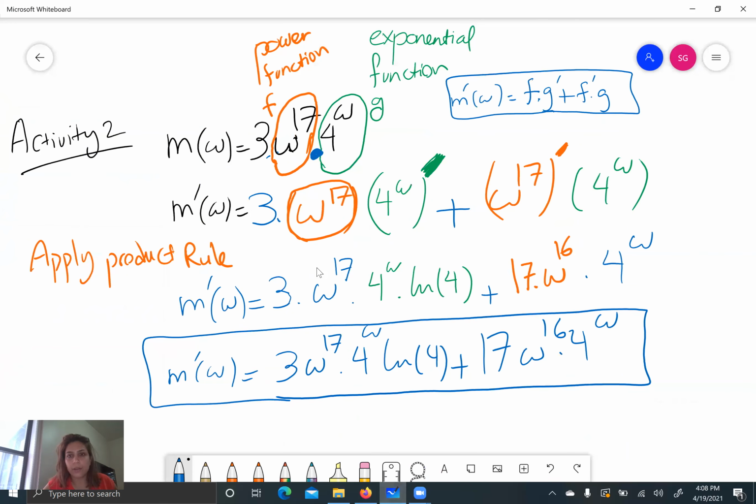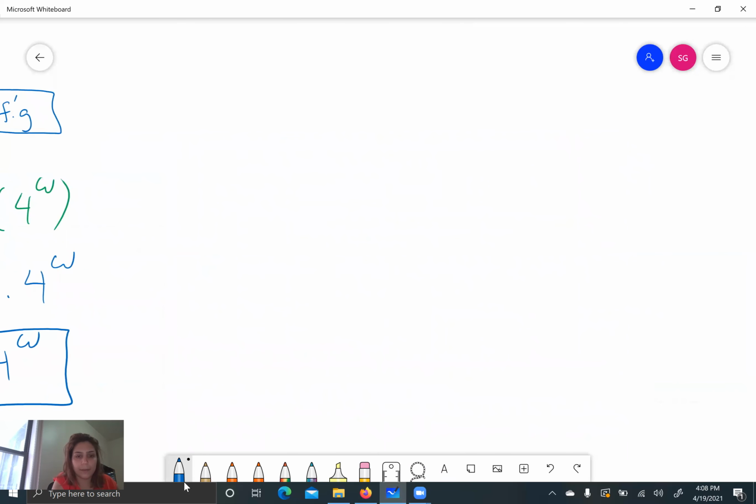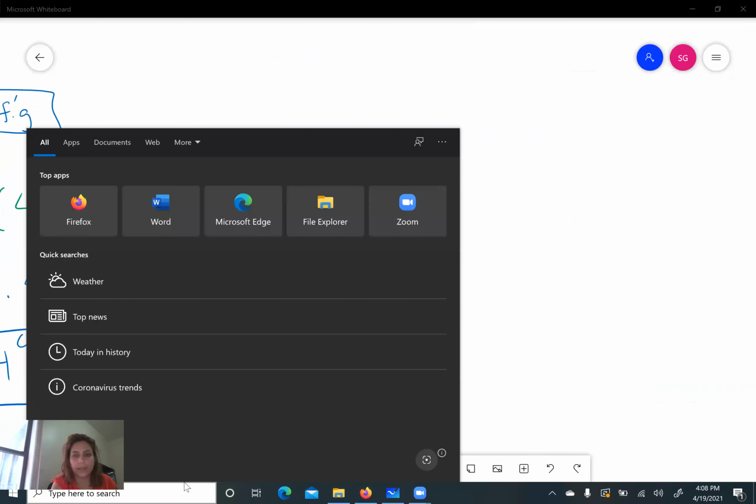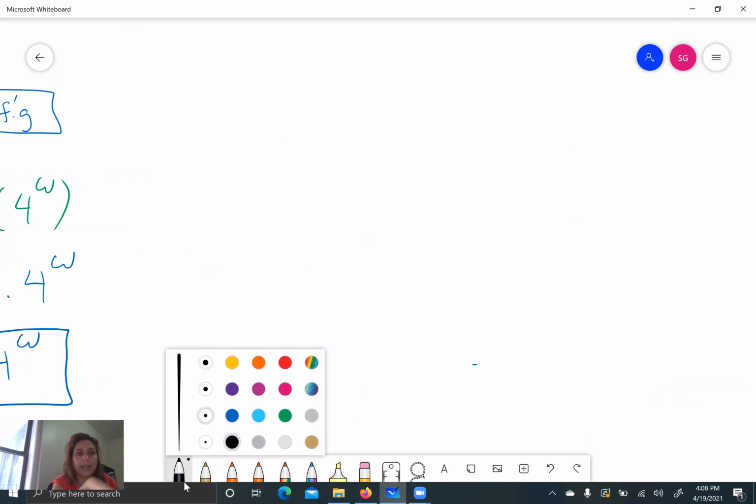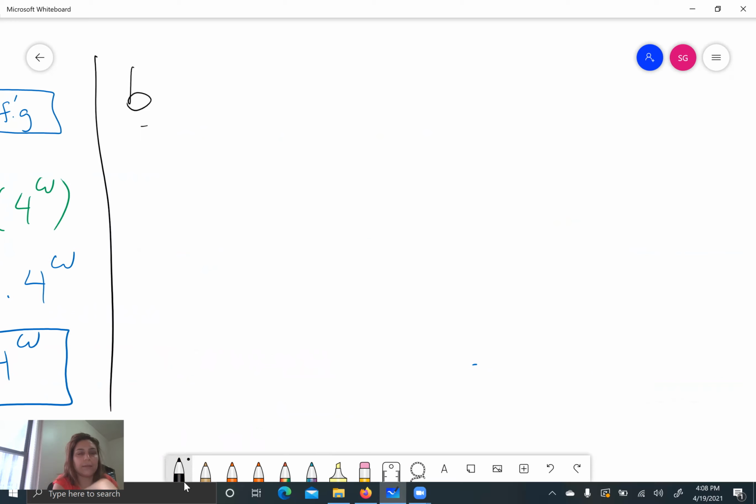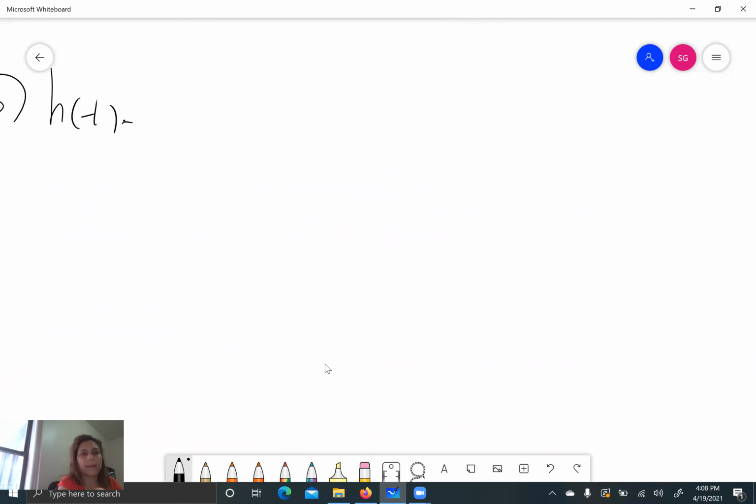So the function in part B is h of t, which is sine function plus cosine function.